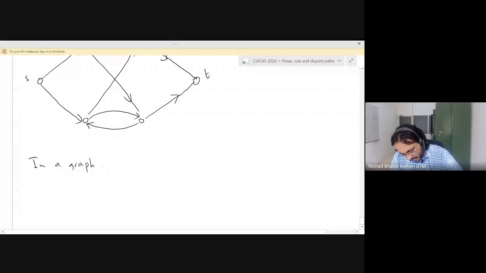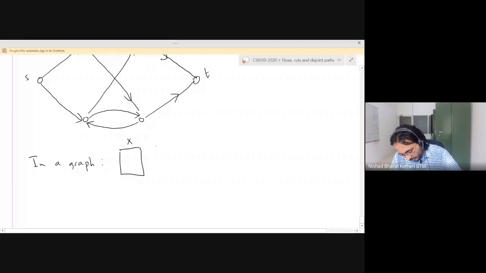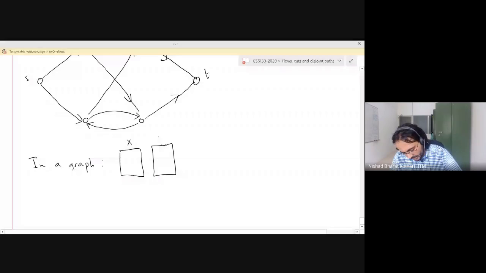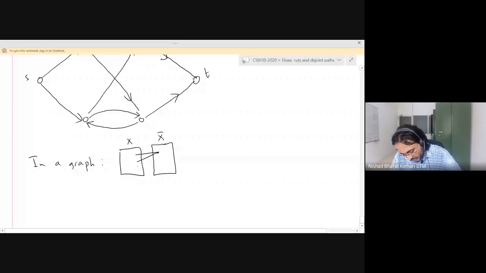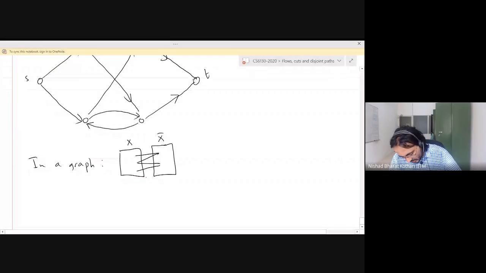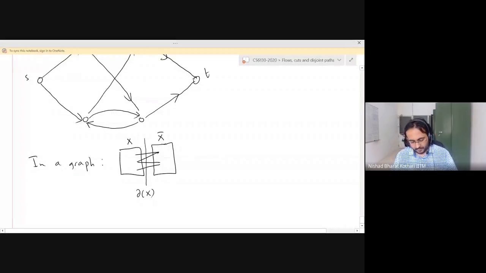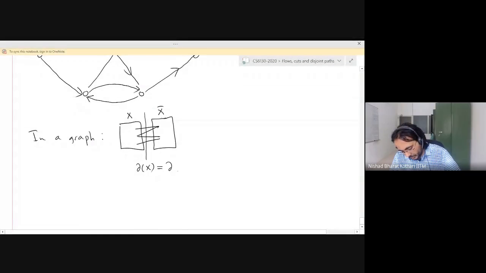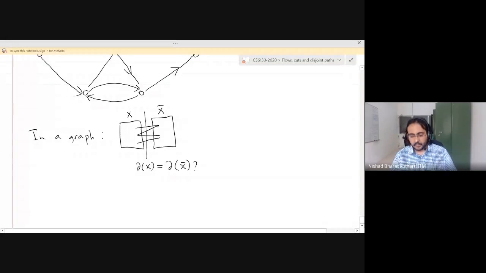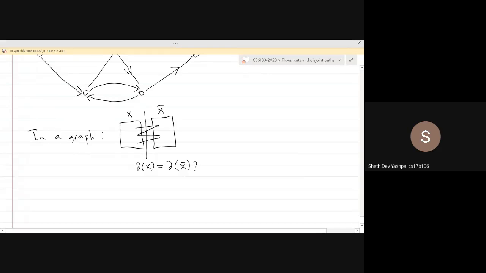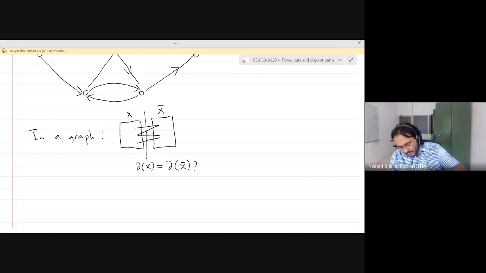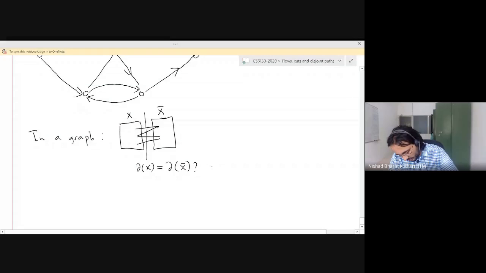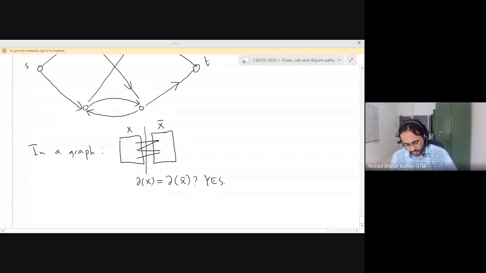So in a graph, notice that if you take a set of vertices x, then the complement is x bar, then partial x is the set of all edges going from x to x bar, right? So this set of edges is called partial x. Let me ask you the following question. Is partial x equal to partial x bar? In a graph, yes. Right, exactly. So yes.